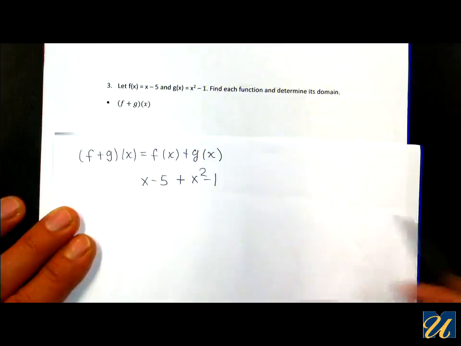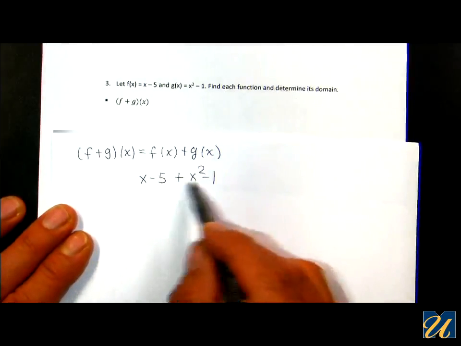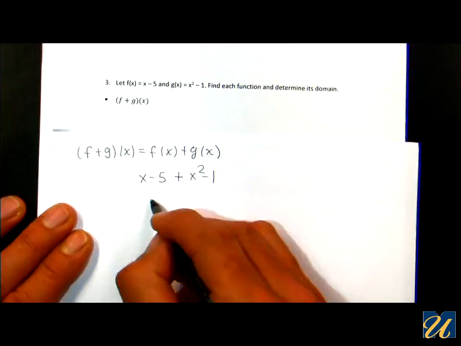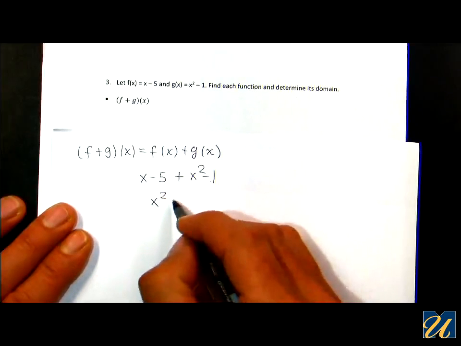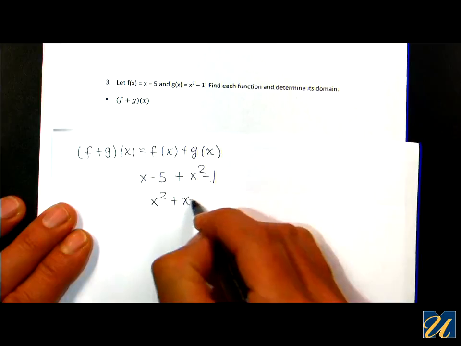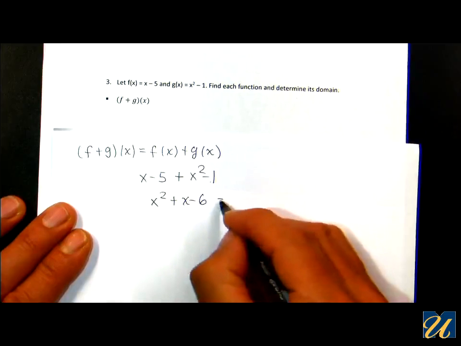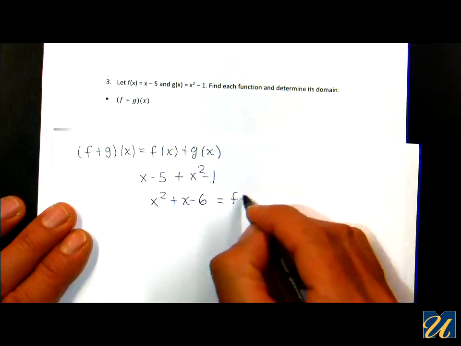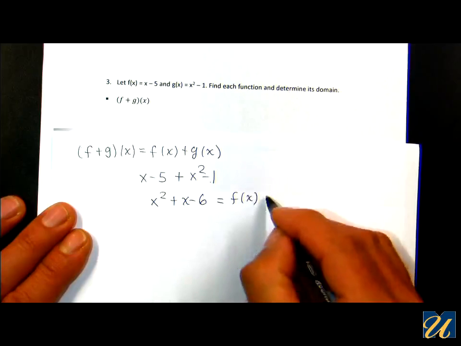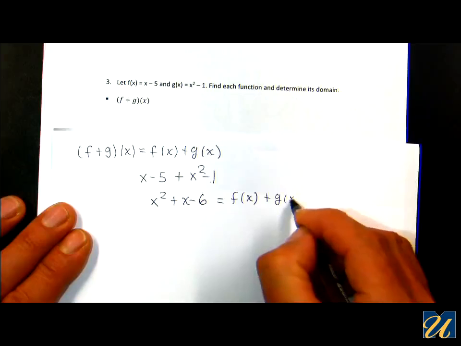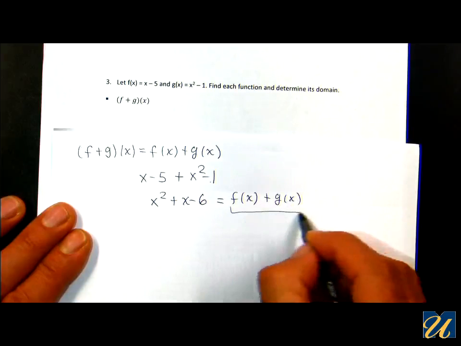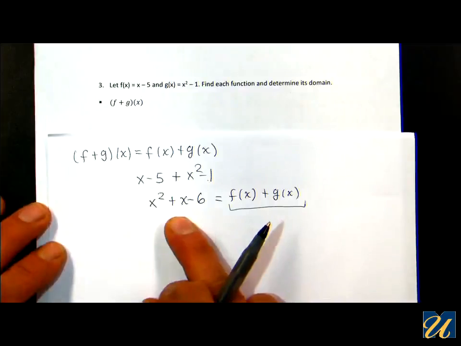If there are like terms here, we can add them together. Negative 5 and negative 1 make negative 6. Let's do a little rearrangement. x squared plus x minus 6 is our new function created by taking f of x and adding it to g of x. So this is our new function, and this is what has been created.